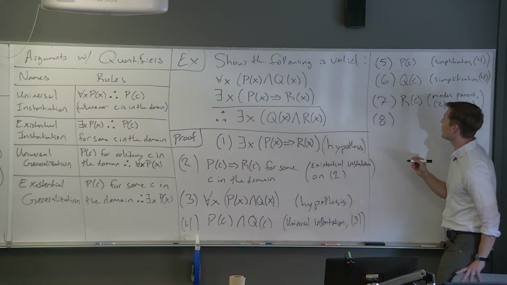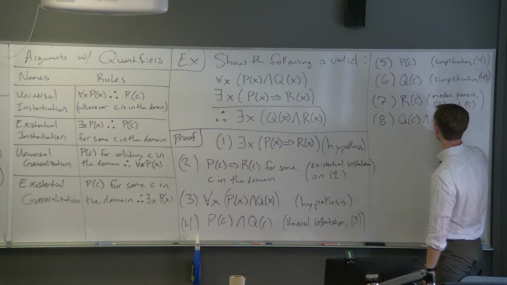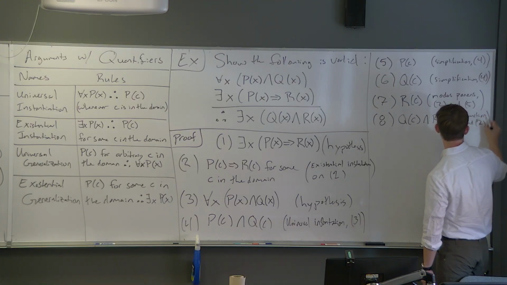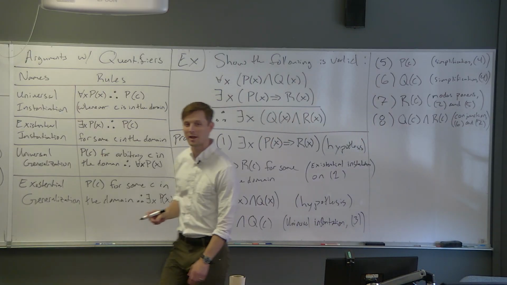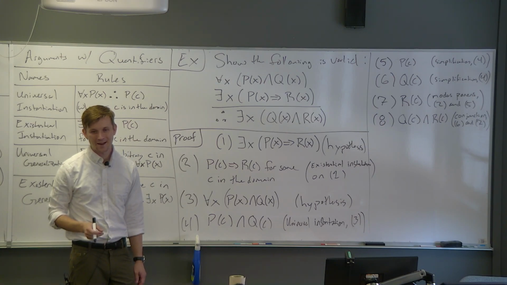I can say, well, look at this. q of c and r of c. This is conjunction on 6 and 7. Hopefully that's not too small of writing up there. I am running out of room in this corner, but we are almost there.